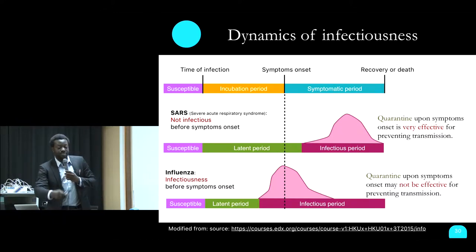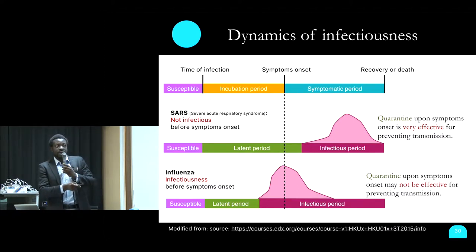For example, in the case of SARS, the severe acute respiratory syndrome, generally, people become infectious after the onset of symptoms.